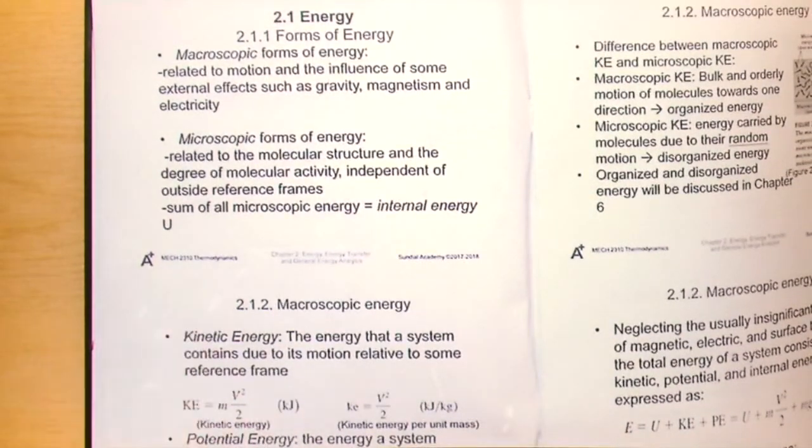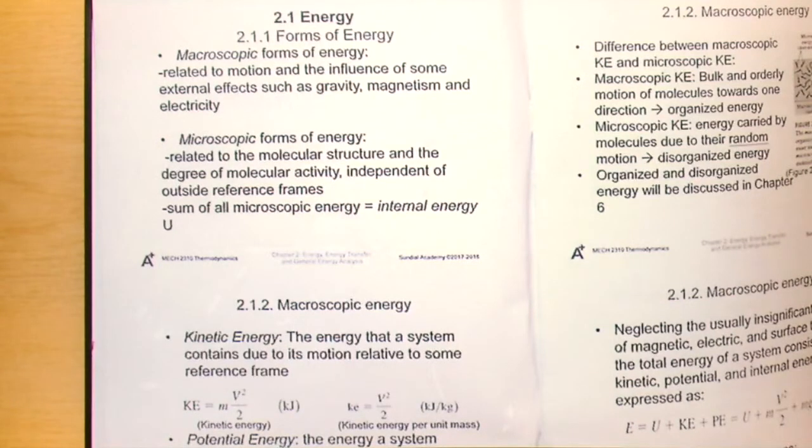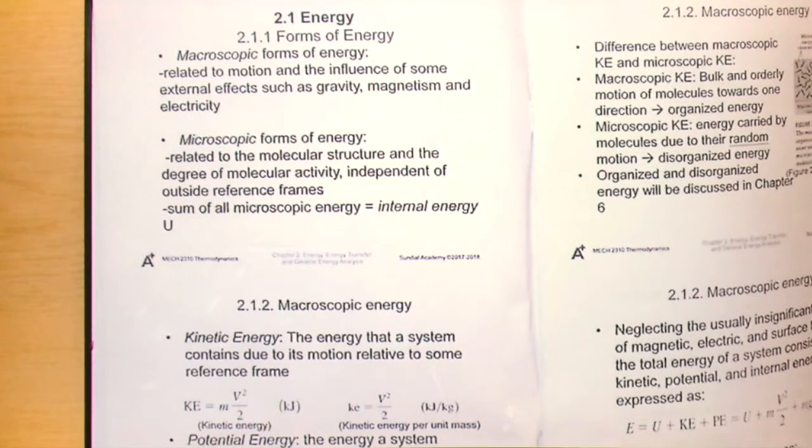This is section 2.1, energy, and we will talk about different forms of energy here. We usually classify energy into 2 forms, macroscopic and microscopic. Macroscopic means very big, and microscopic means very small. Macroscopic forms of energy refer to those a system possesses as a whole, all of the things inside the system, with respect to some reference frame, for example, kinetic and potential energy.